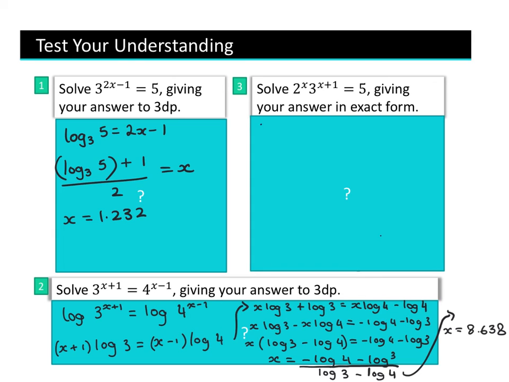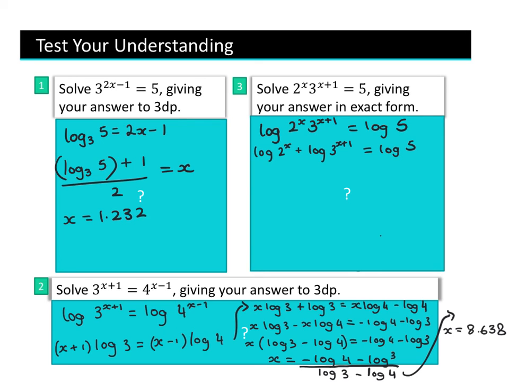So I've got log to the base 10 of 2 to the x multiplied by 3 to the x plus 1 equals log to the base 10 of 5. Okay, so log laws, what do we know? Log of AB is the same as log of A plus log of B. So I can split this up into log of 2 to the power of x plus log of 3 to the power of x plus 1 equals log 5.